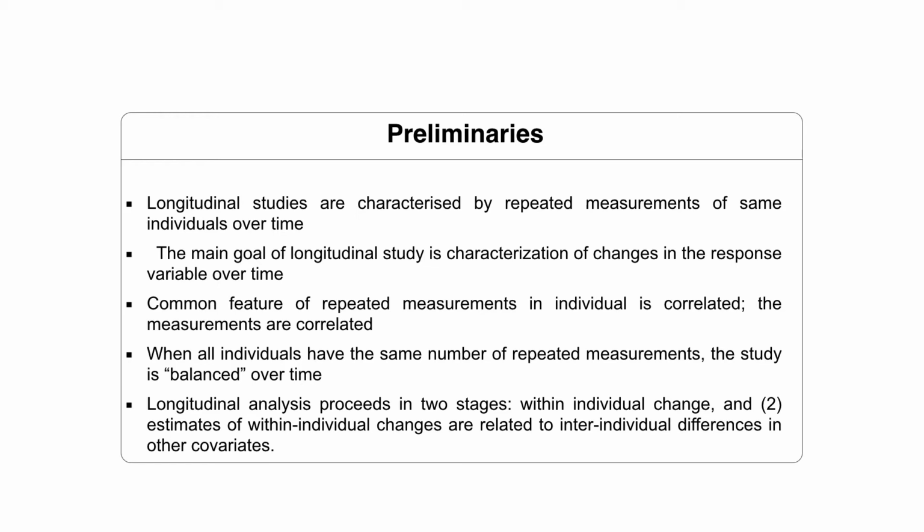The inter-individual changes can be because of the different covariates that are taken into consideration. For example, if we take 20 participants and measure them repeatedly over 5 years, and 10 of them have been given an intervention and 10 have not, then the inter-individual change will be because of the intervention.